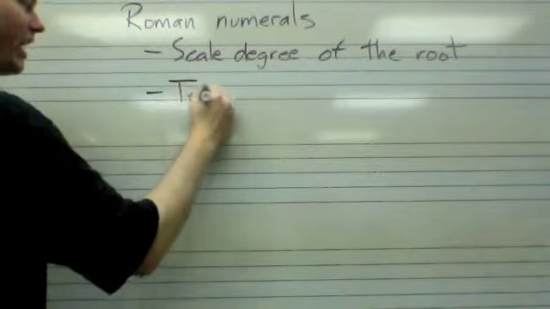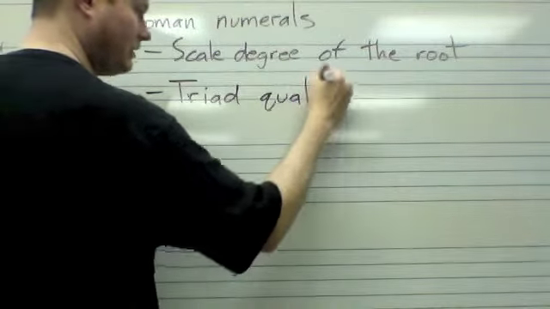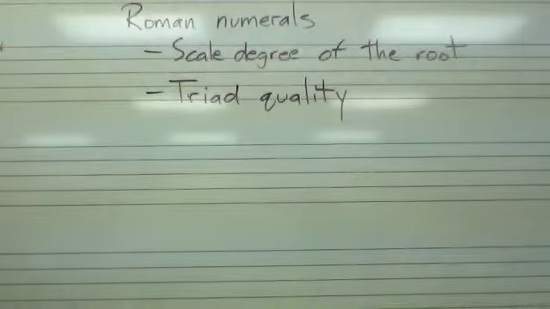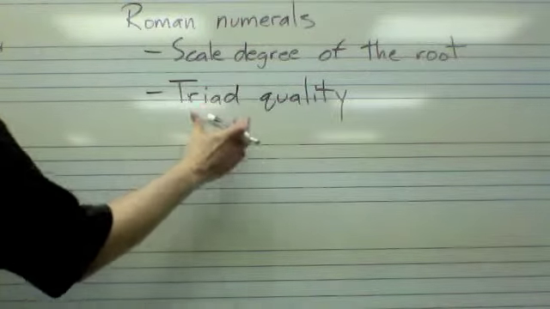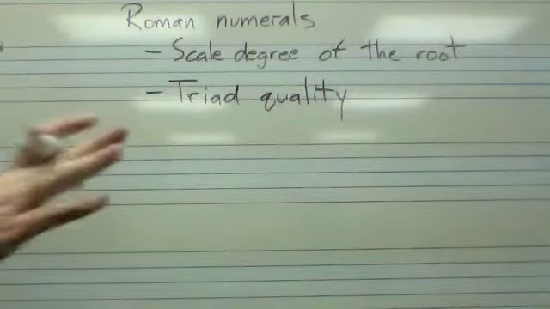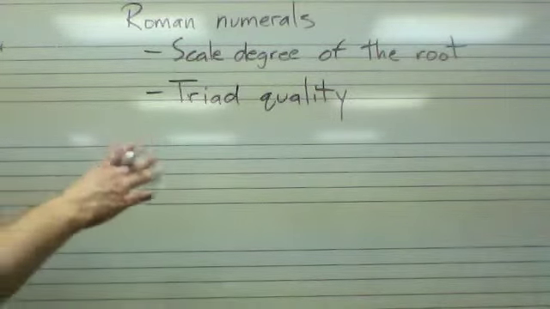They also refer to the triad quality. That's even with 7th chords. It's referring to the triad portion of the 7th chord quality. So we have scale degree of the root and the triad quality, and that's it. That's all that it tells us, but that is a lot of information.